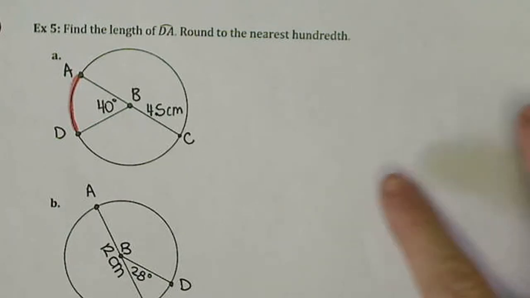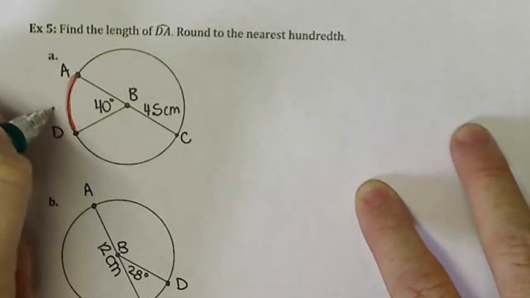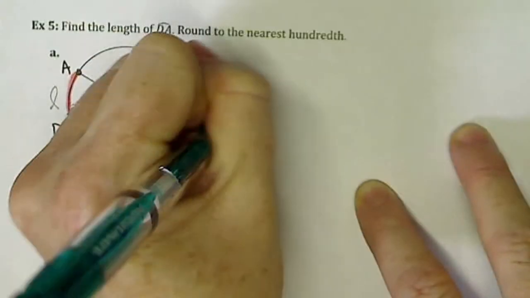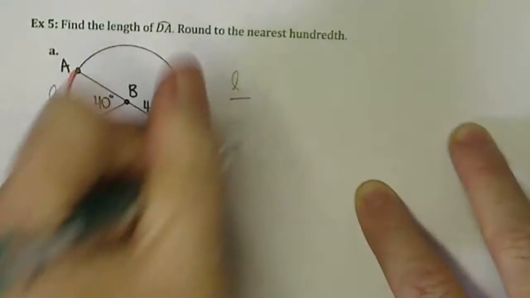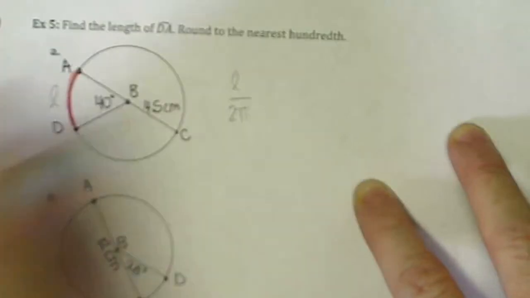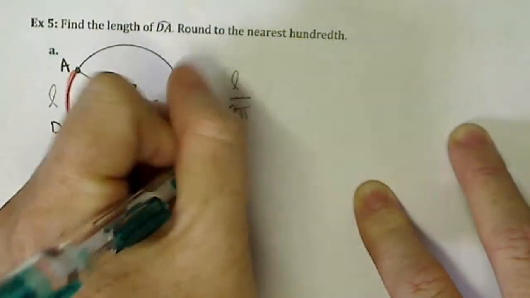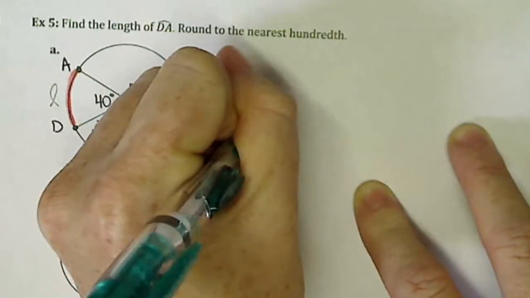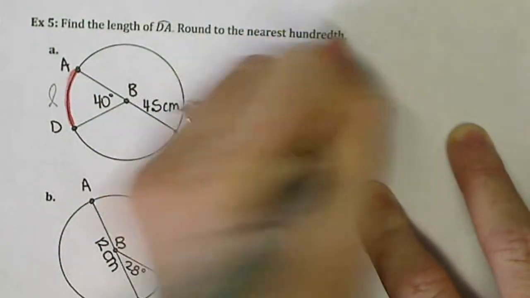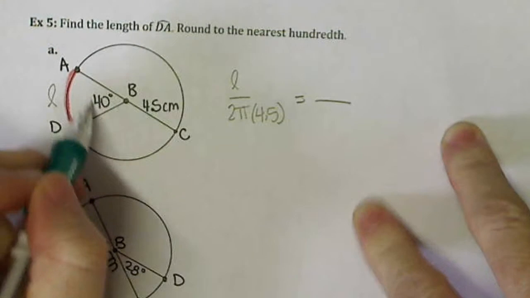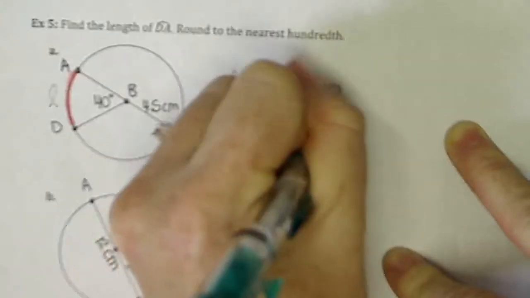So I don't know how long it is. This is L over 2 pi r. What's R? R is 4.5. And it equals x, which is your degrees, 40 over 360.